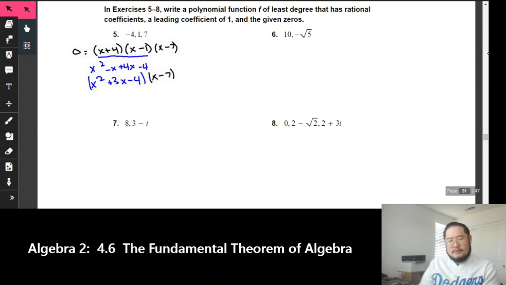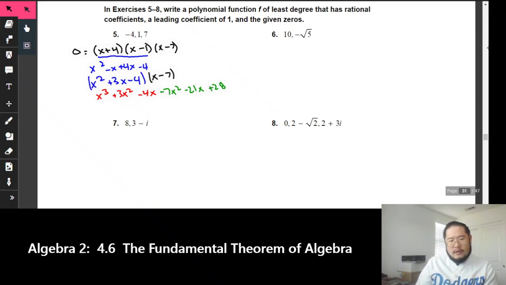And so you're going to have to do some simplifying right here, multiplying things out. So let's take the x and multiply with x squared, 3x, and negative 4. Let's see here. So I got x to the 3rd plus 3x squared and then minus 4x. And then let's take the negative 7 and multiply it all out. And so we got negative 7x squared minus 21x plus 28.